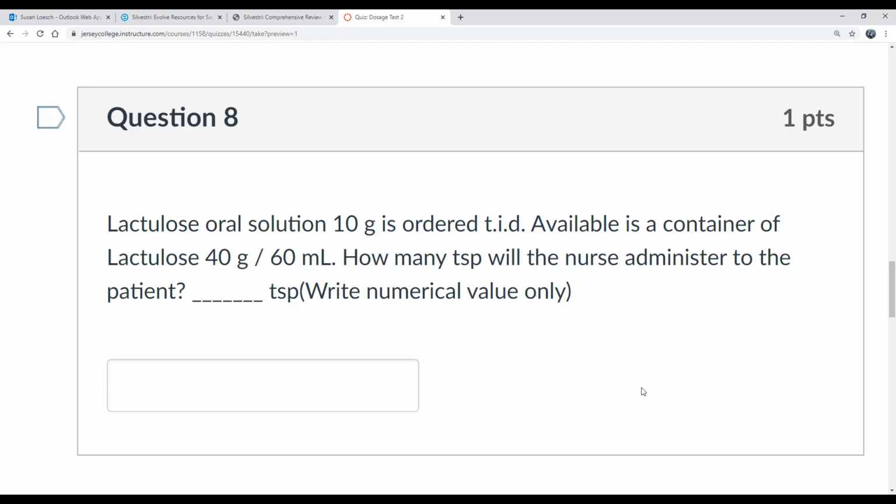On hand, you have 40 grams per 60 mLs. So it's 10 divided by 40 times the 60, which gives you 15. Now how many teaspoons is that equal to? 5 mLs per teaspoon, so 3. Or 1 tablespoon, because 15 mLs is 1 tablespoon, right?